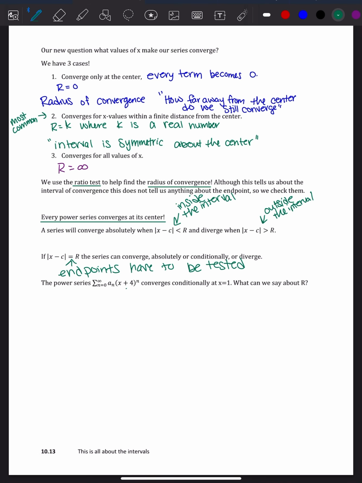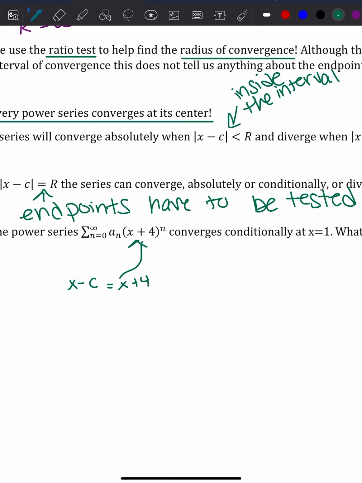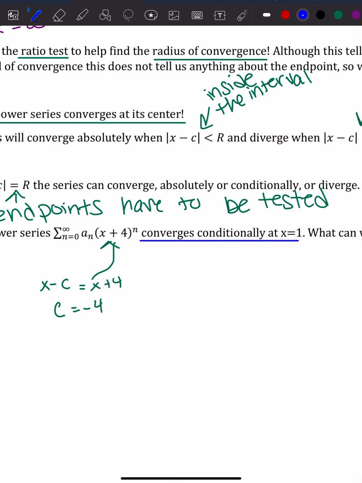Based off of this right here, I know we have x minus c is going to equal x plus 4. This means I can get rid of the x on both sides, so c has to equal negative 4. So my center is negative 4. This second piece here converges conditionally at x equals 1.